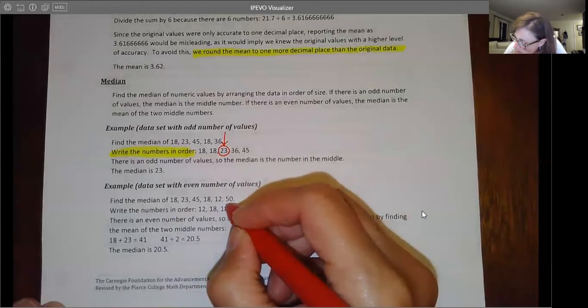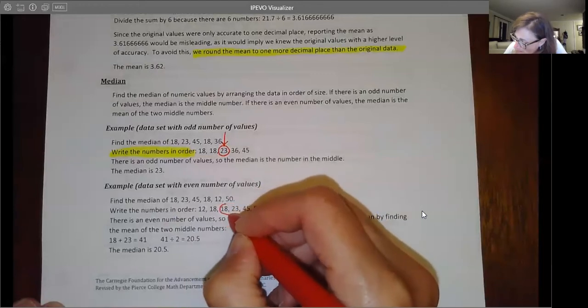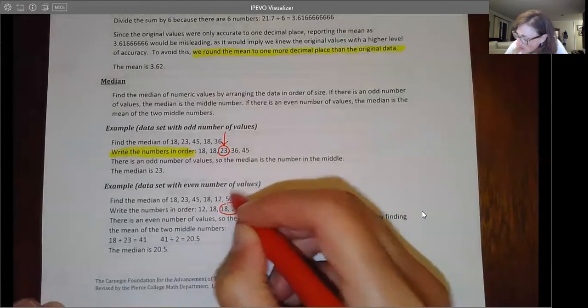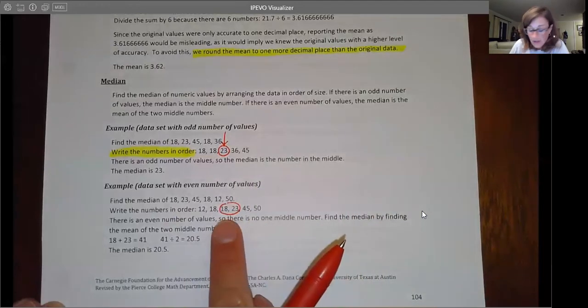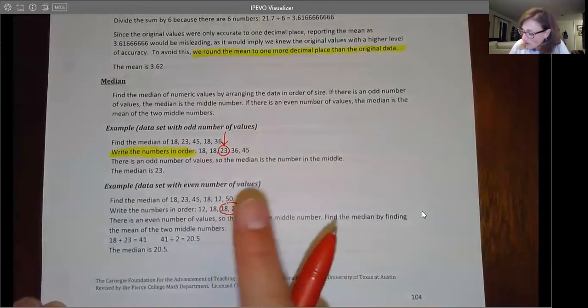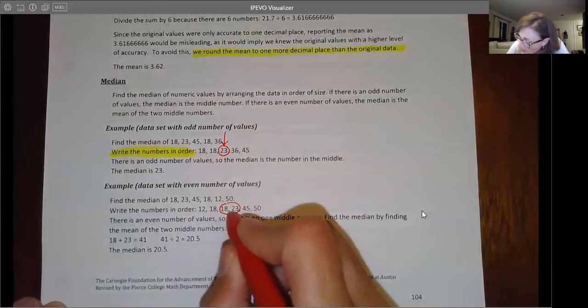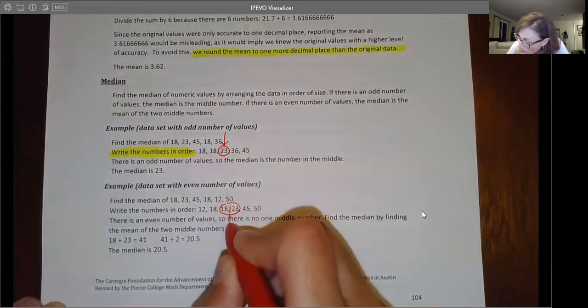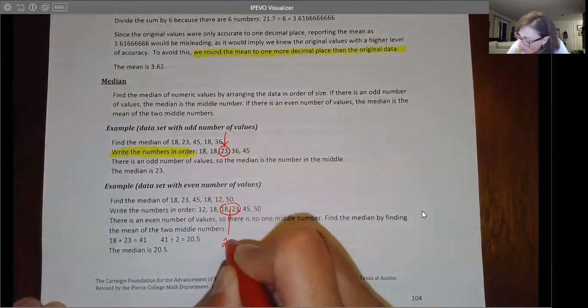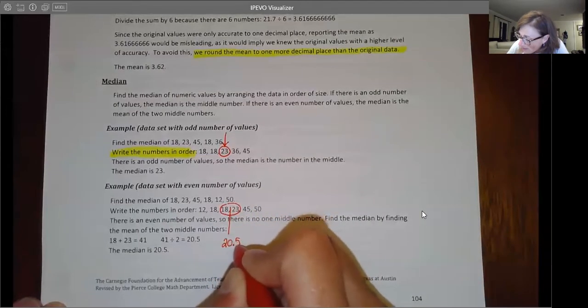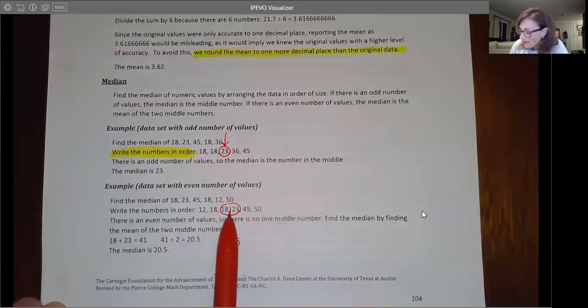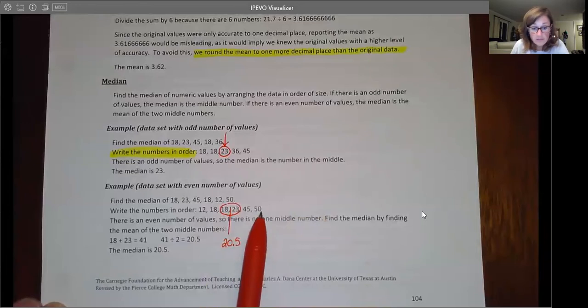So what you want to do, if you have an even number, is just find the halfway point, the middle of those. So add those together and divide by 2. So they get 20.5. So that is what's called the median. Do you see you have the same number of data values to the left of 20.5 as you do to the right?